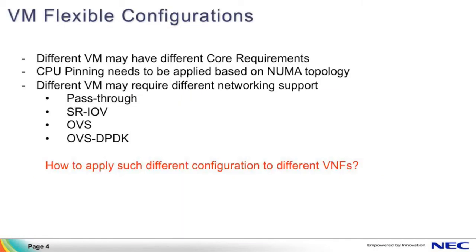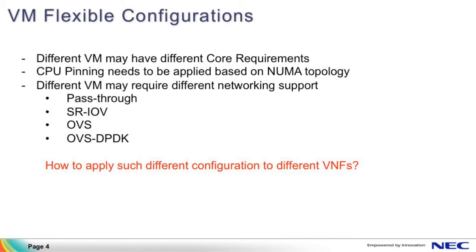The second thing is that there is a need for more flexible configuration. It can't be as simple as launching a VM, having it connected to my OVS, and being done with it. As we were discussing, different VMs might need different types of cores or CPU affinity rules, and those CPU affinity rules are defined by your current availability and the NUMA topology. Also, from the networking standpoint, you need different types of support.